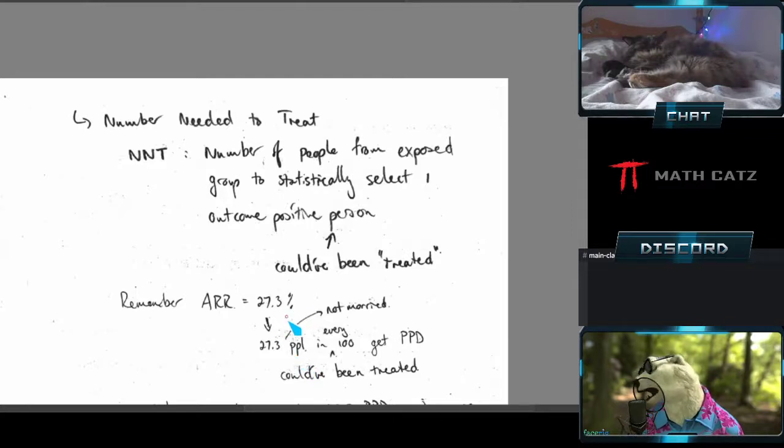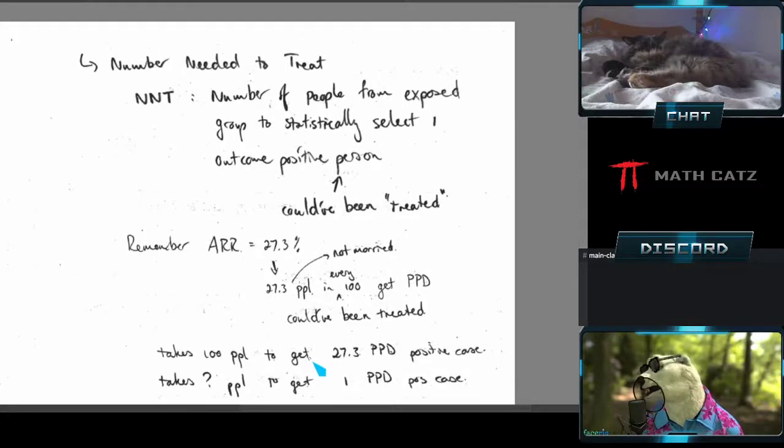Those were the percentage, the proportion of people from the not married group that have postpartum depression in addition to what's normal in terms of being married. So the percentage means out of 100. So 27.3 people in every 100 get postpartum depression that could have been treated by way of this married risk factor. So it takes 100 people to get 27.3 postpartum depression positive cases.